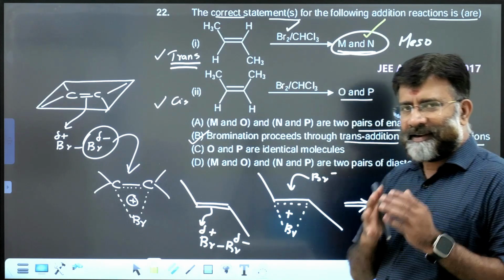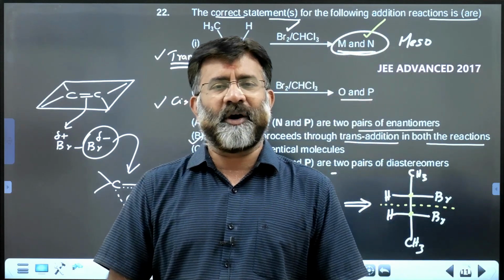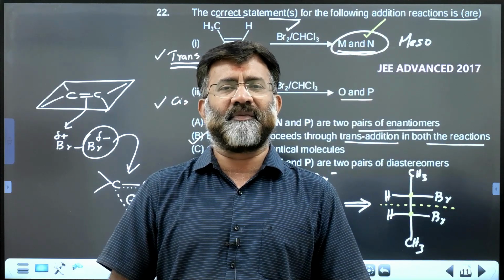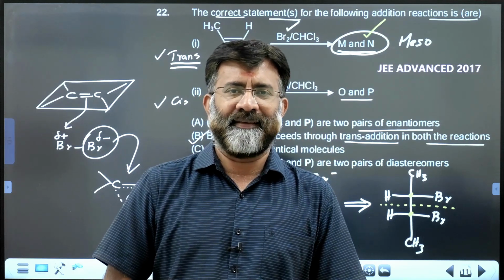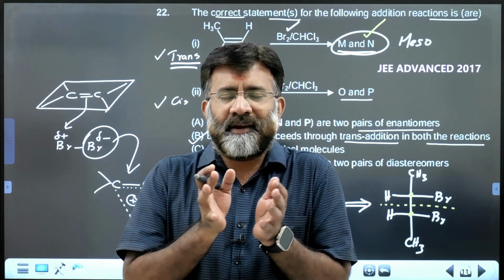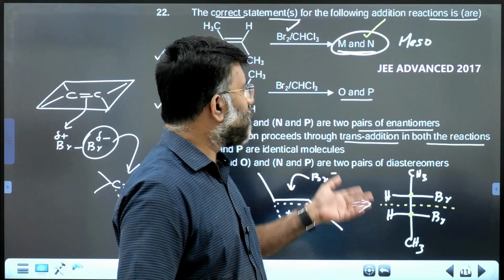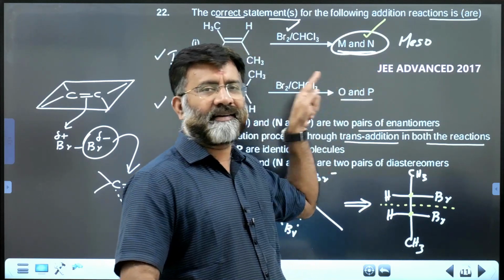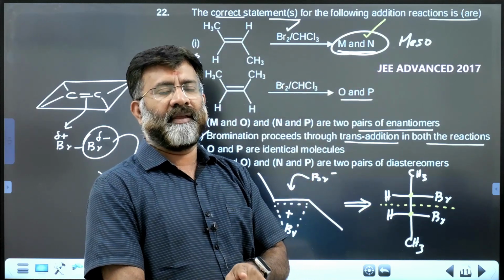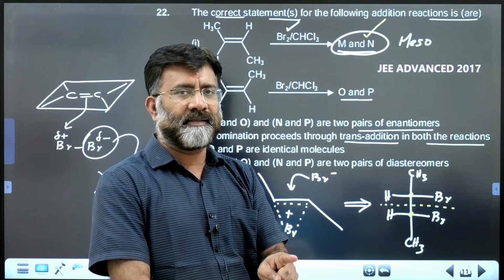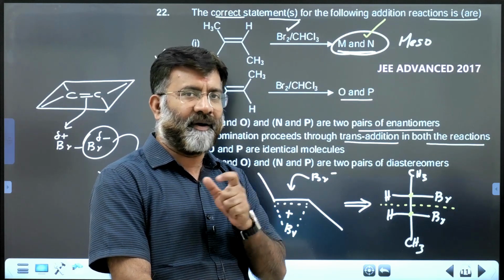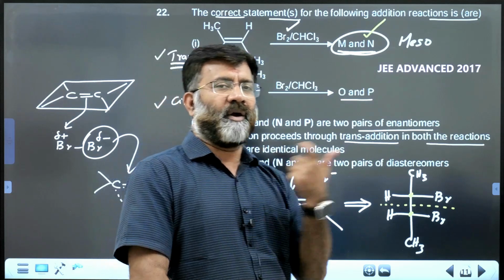The net optical activity of a meso compound will be 0, and the mirror images are not enantiomers. M and N are one and the same, non-resolvable, not optically active.